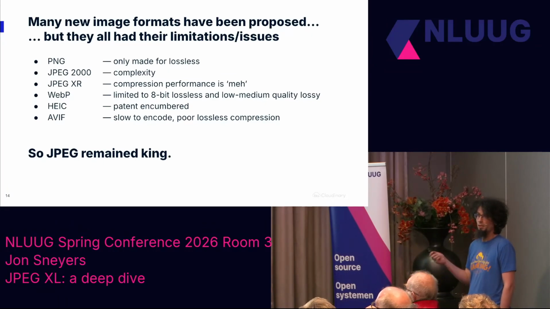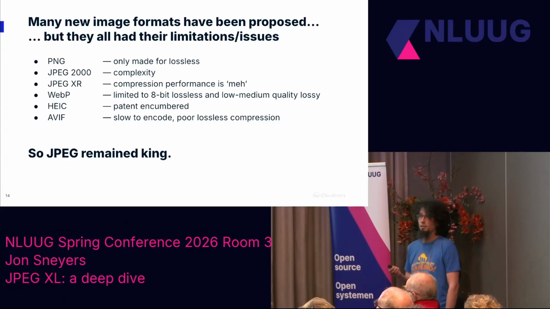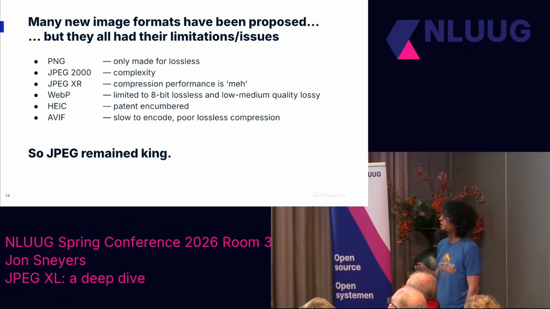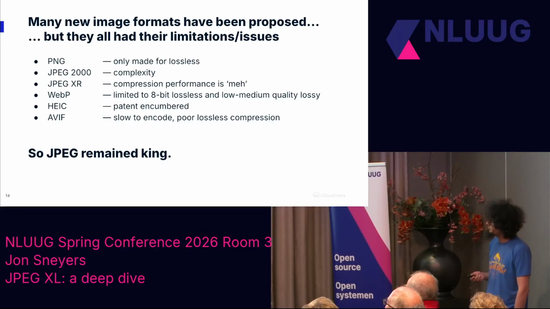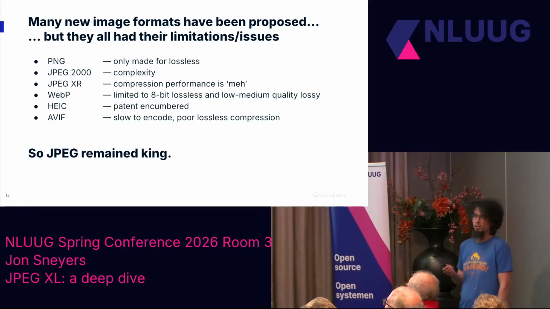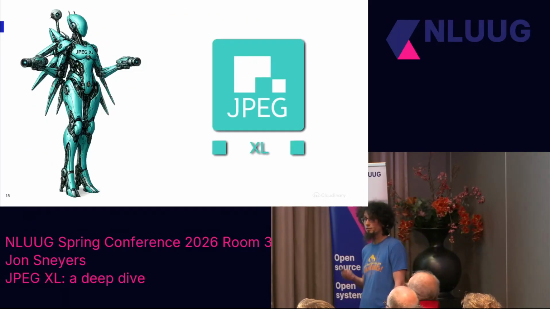Of course, there was JPEG 2000, there was JPEG XR by Microsoft. There is Google's WebP, there is the HEIC format, AVIF. But all of these also have their limitations. So in the end, they didn't really replace JPEG. JPEG still remained. And this is where I hope we can change.